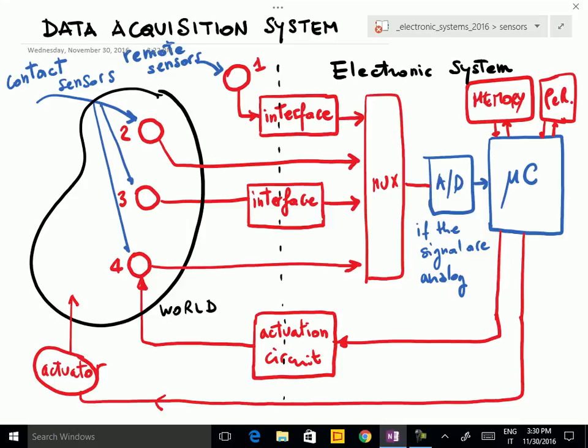And on the other hand, we also have some actuators, because, for example, the display is an active sensor that must receive energy in order to work, as well as the accelerometer. There are also active sensors. The camera is also an active sensor.